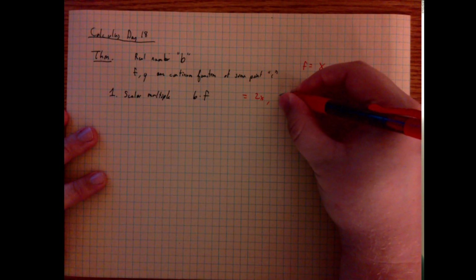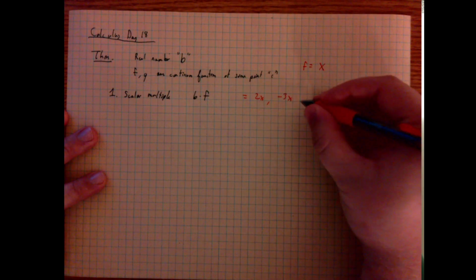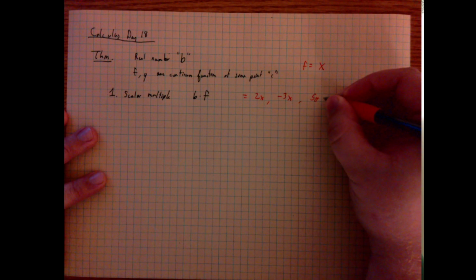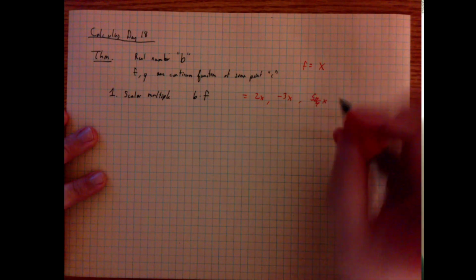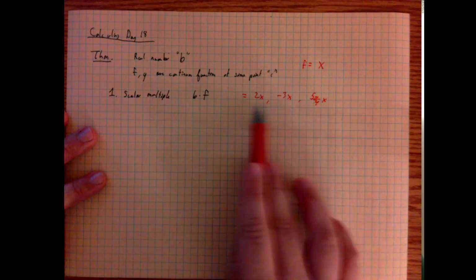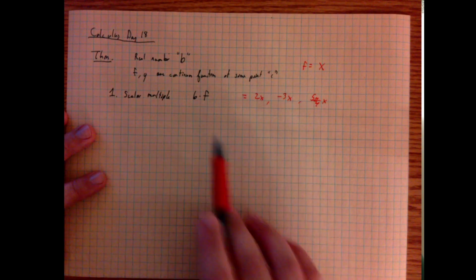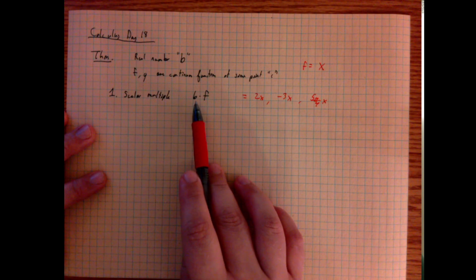So is negative 3x. So is 5 pi over 4 x. As long as we're multiplying by a real number, and we know this one's continuous, then all three of these are continuous. Because again, b is just some number.